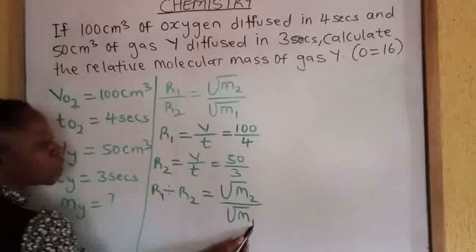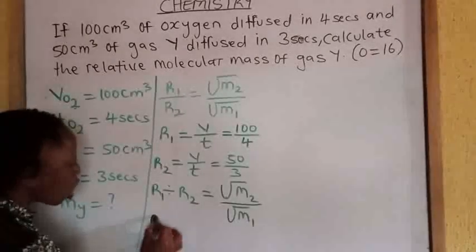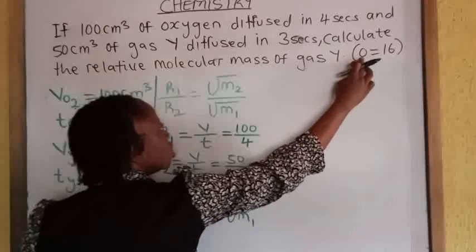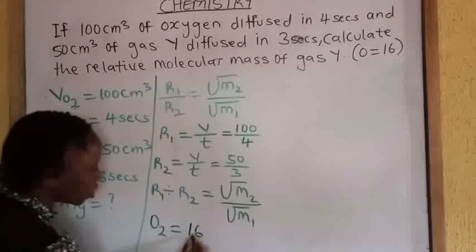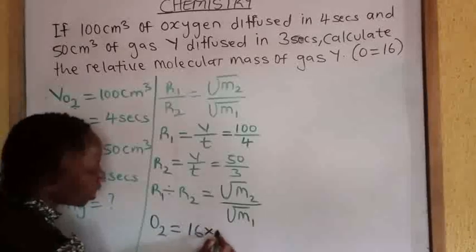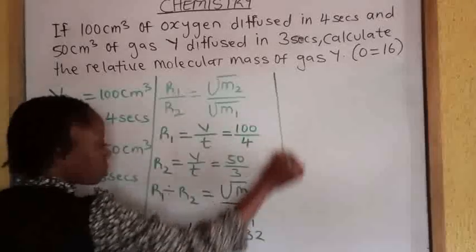So we have to look for the molar mass of oxygen gas. Oxygen gas is O2, and the atomic mass of oxygen equals 16, as they've given us. Then we have 2 atoms of oxygen, so that would be times 2 equals 32.